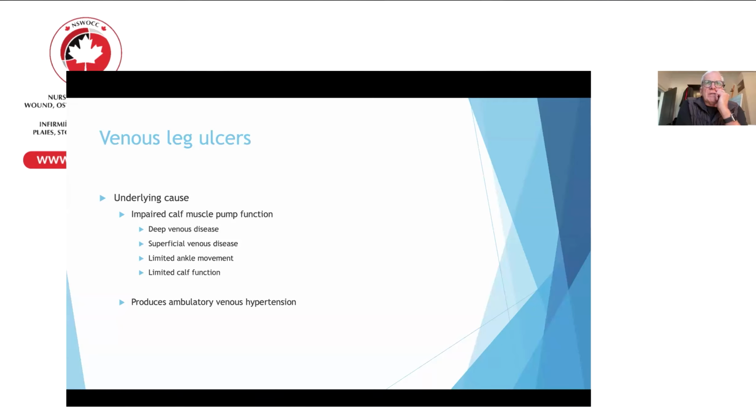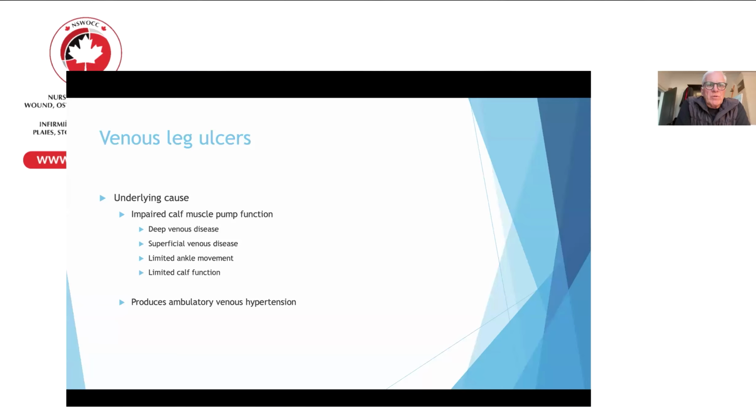So when we think about venous leg ulcers, Hippocrates may not have fully understood everything that we understand today, but in principle, what he was doing by his recommendations was treating the impaired calf muscle pump function. And that's really the underlying thing that causes venous leg ulcers.